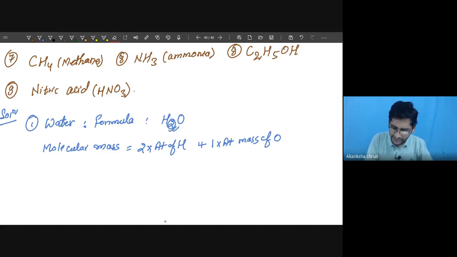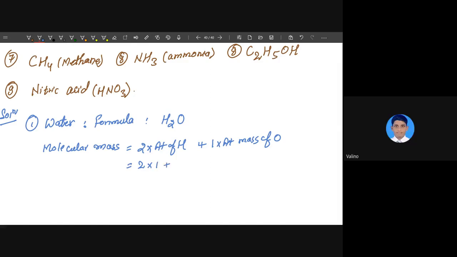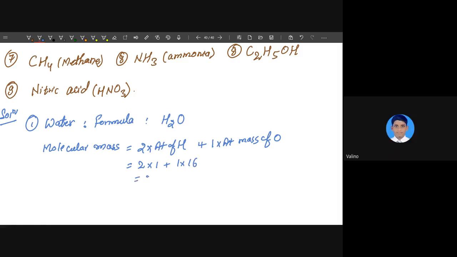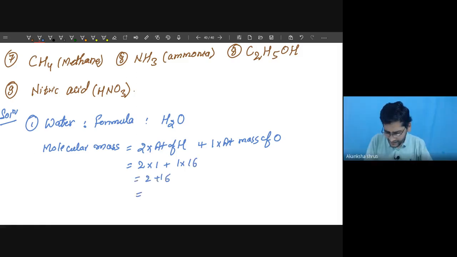Like hydrogen, here we get 2, therefore it is multiplied by 2. So 2 into the mass of hydrogen, which is 1, plus 1 into the mass of oxygen, which is 16. So 2 plus 16 becomes 18.